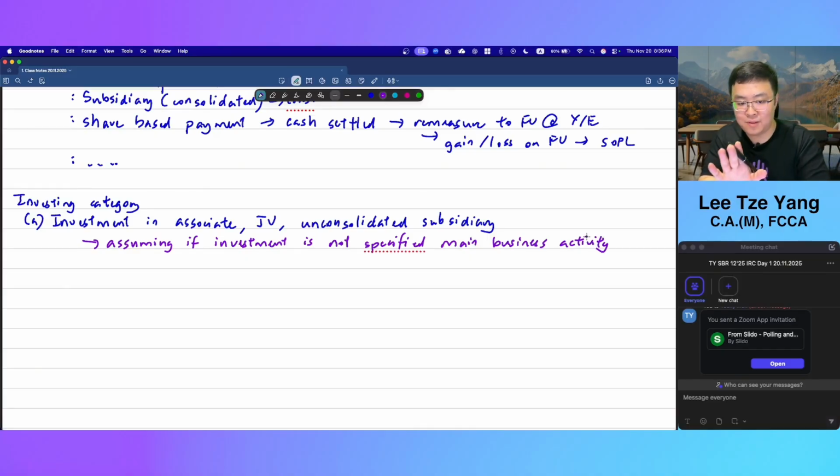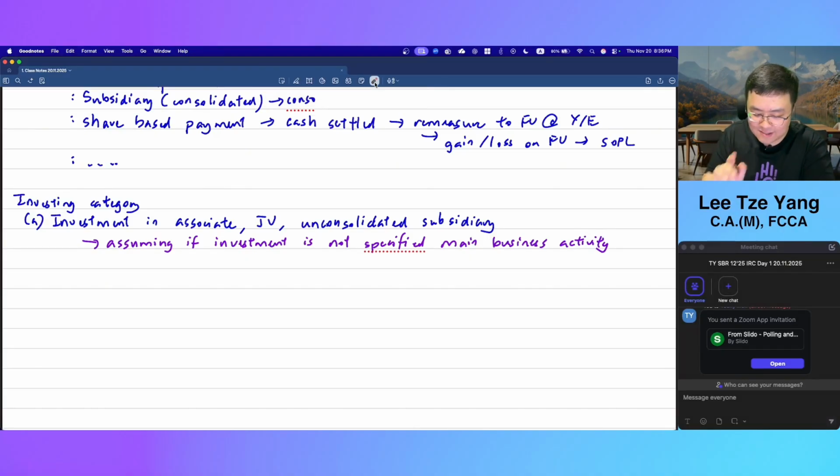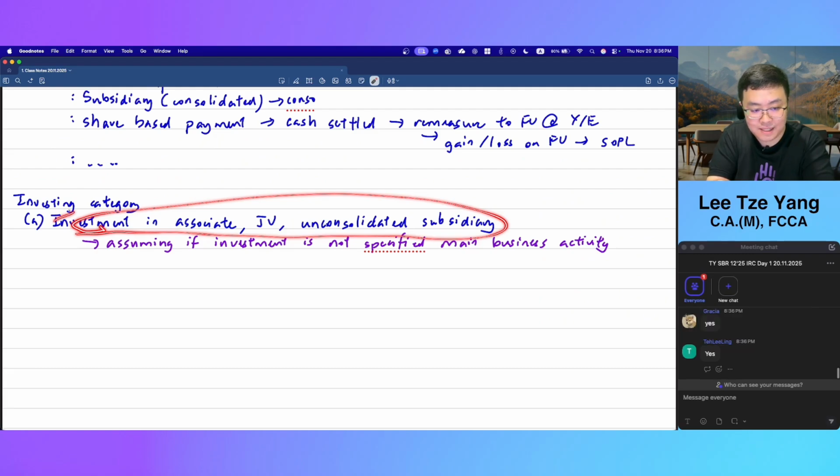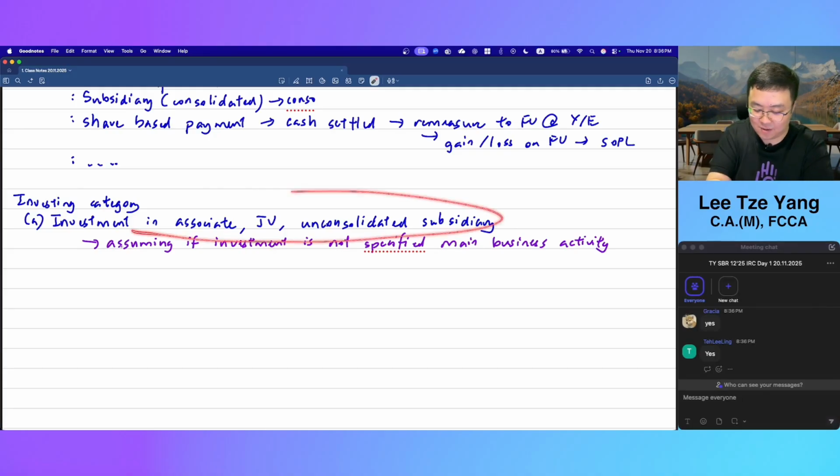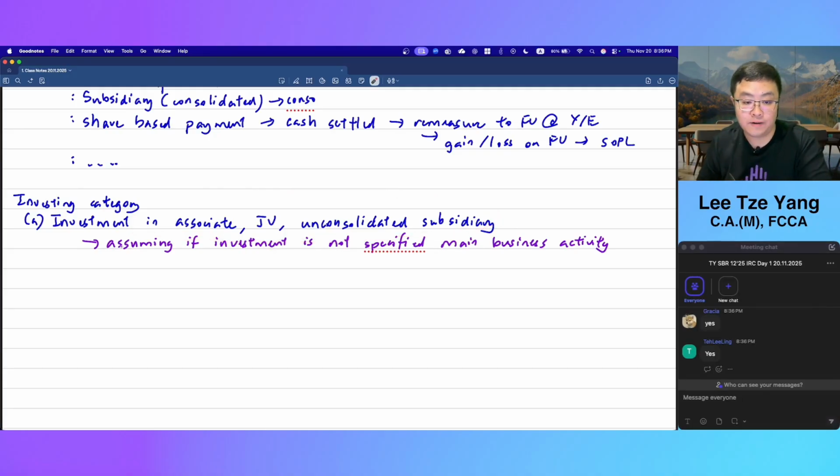Okay, and now this statement is not complete, but everyone, can you understand what I'm trying to tell you? Normally, these few things will be under investing if it is really an investment in nature. But if our main business is to invest in all this, it should be under operating, with the exception of these two. You understand what I mean, everyone?